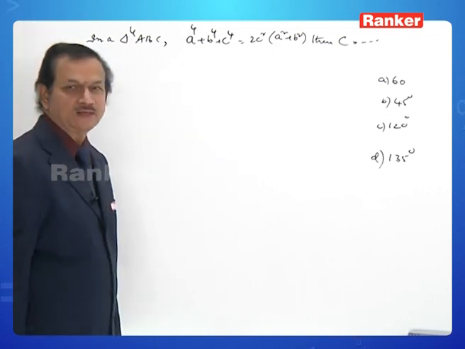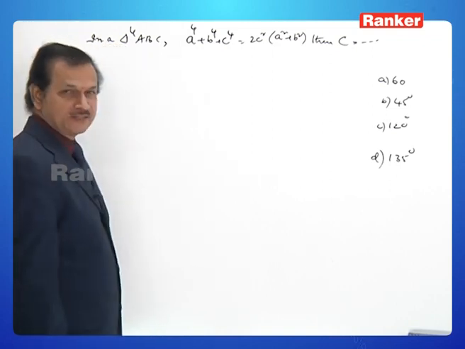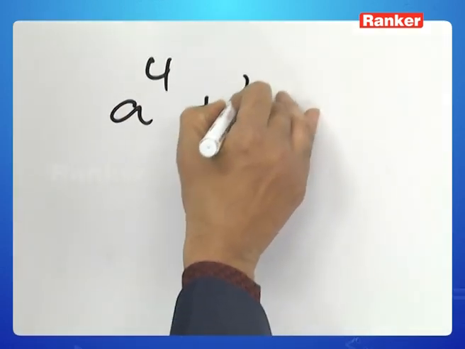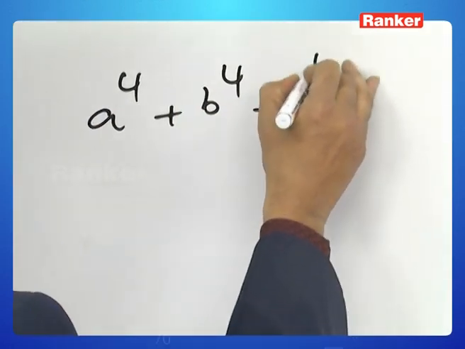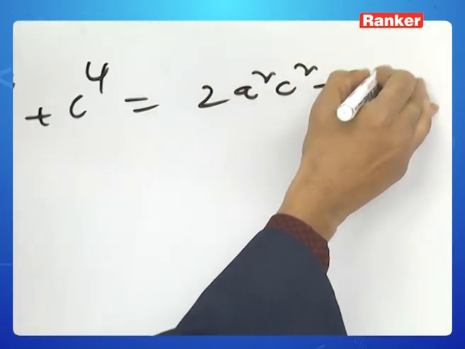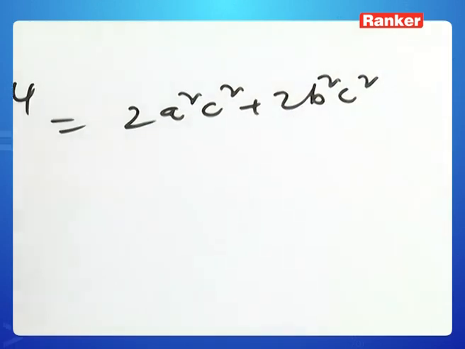Let us start. What is the condition given in the data? Look here. a power 4 plus b power 4 plus c power 4 is equal to 2a square c square plus 2b square c square.